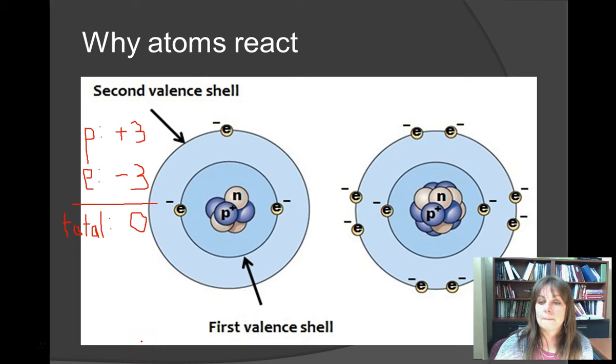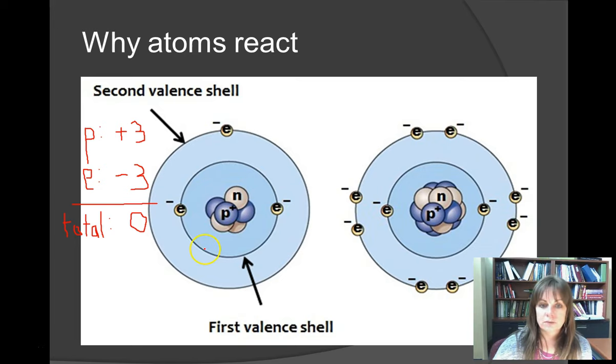Okay, but now let's see what happens to this atom after it reacts. So let's remind you about reaction. Atoms are going to react when their valence shells are either not completely full, or not completely empty.